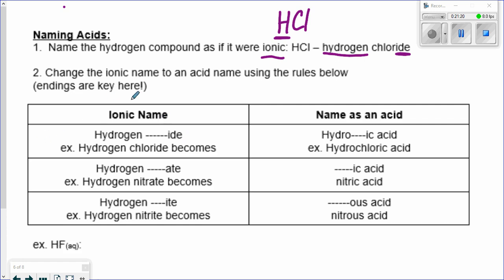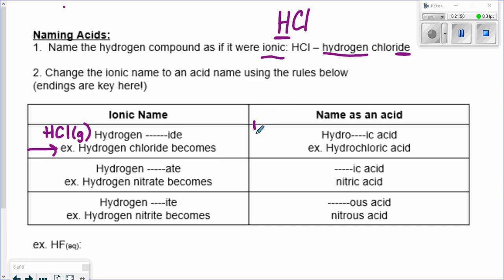So this is what we have here, this first one. Hydrogen chloride is how we would name HCl as an ionic compound. HCl is a gas, I believe, at room temperature, and we name that hydrogen chloride.